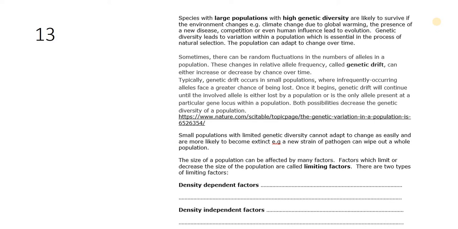But here's something that you might not know that much about yet: density dependent and density independent factors. These are factors that affect populations. These could be selection pressures, but the dependent factors depend on how big the population is.